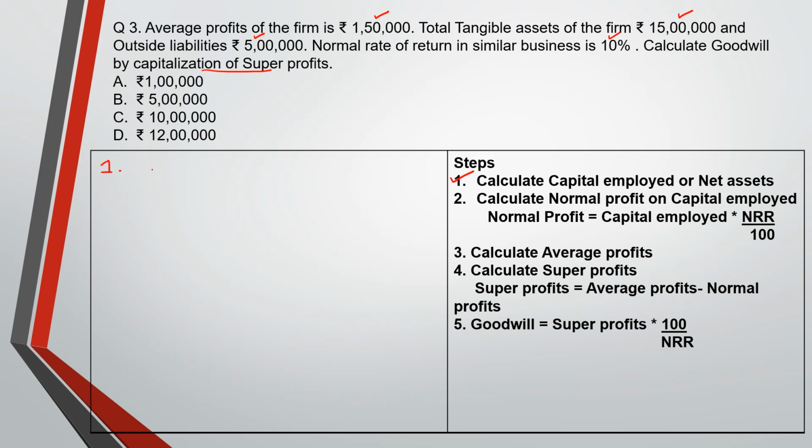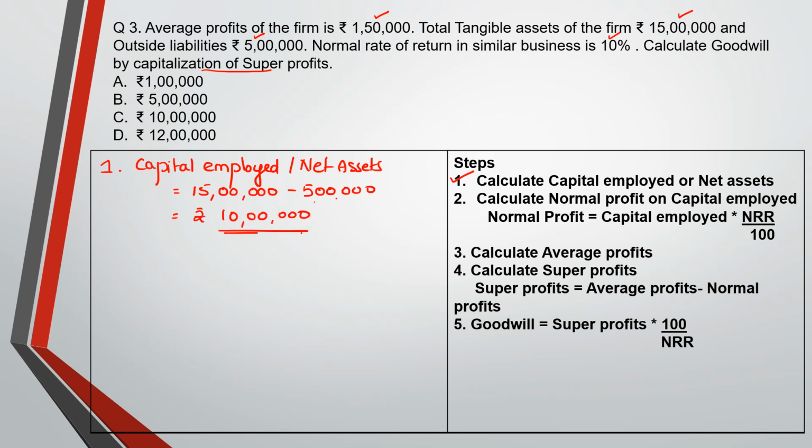We just take the total tangible assets, from that we remove the outside liabilities. So the first step would be we calculate the capital employed or the net assets, which comes to total tangible assets of 15 lakh minus outside liability of 5 lakh. So you get 10 lakh as the net asset or capital employed. The next step is you will be calculating the normal profit on capital employed.